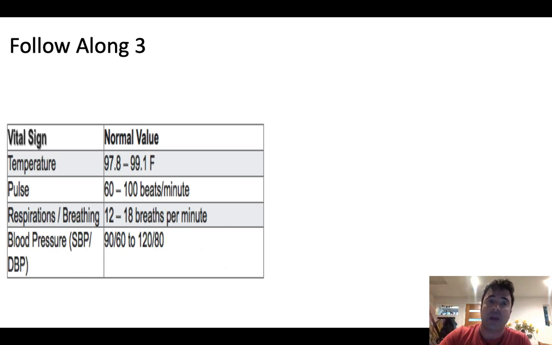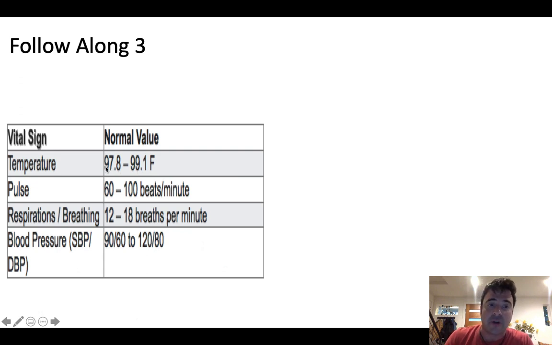Now, whenever you're thinking about diagnostics, like lab diagnostics, you look at the parameter that's being measured. So in this case, we'll say body temperature, and you look at the reference range. So reference range is between 97.8 and 99.1 degrees.